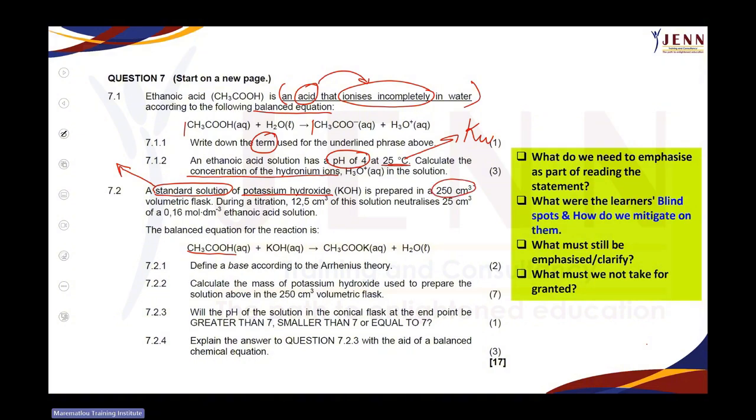250 centimeter cubed solution of potassium hydroxide. It is just like you going to the store and buying a 2-liter bottle of cold drink. The contents of that bottle is 2 liters of Coca-Cola.